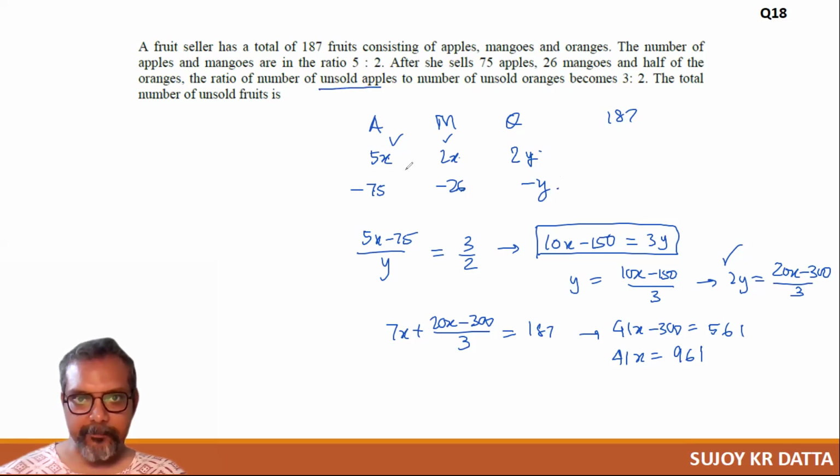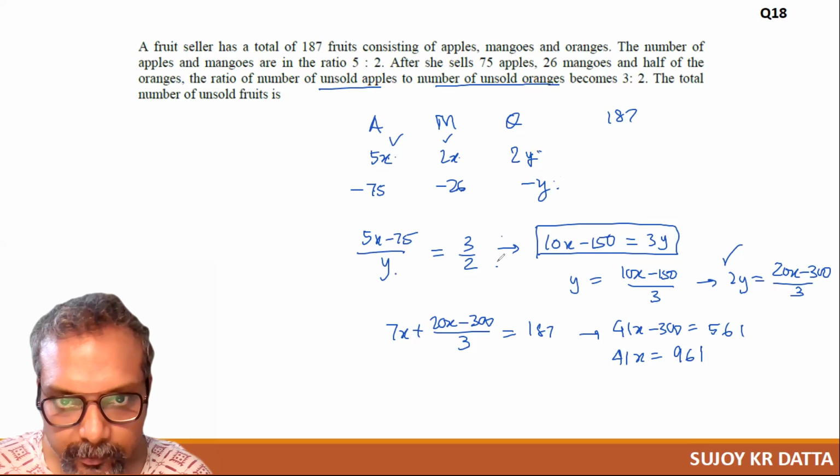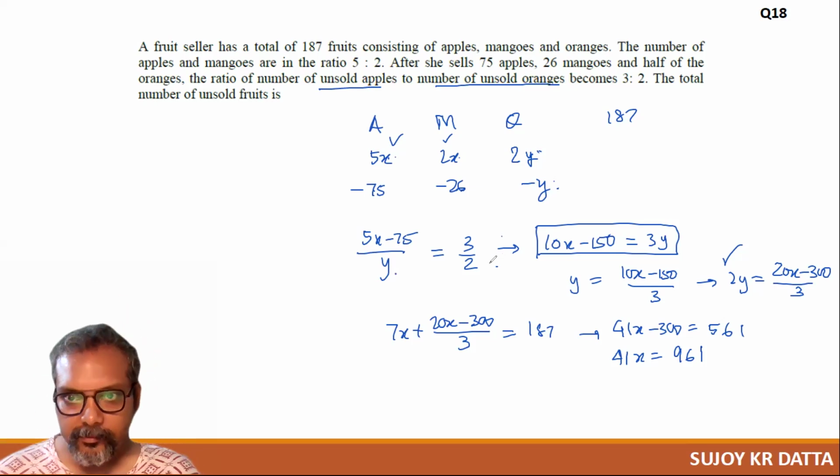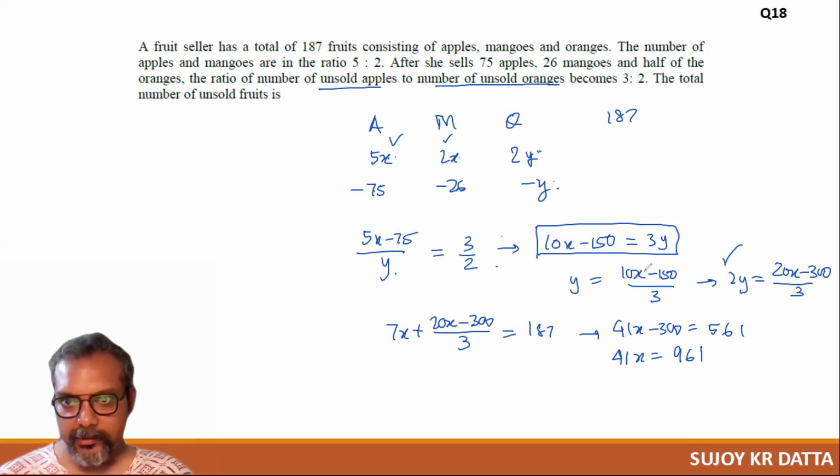The number of unsold apples is 5x minus 75. The number of unsold oranges, so that is y, is 3 by 2. So we will have y equals 10x minus 150 by 3. So 2 times y, that's oranges, would be 20x minus 300 by 3.